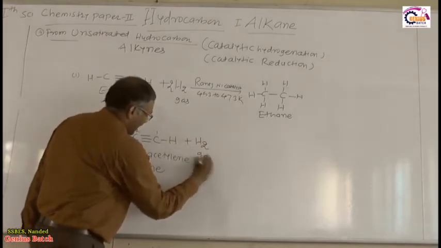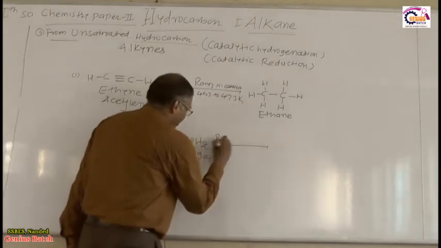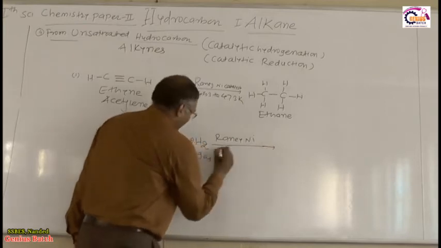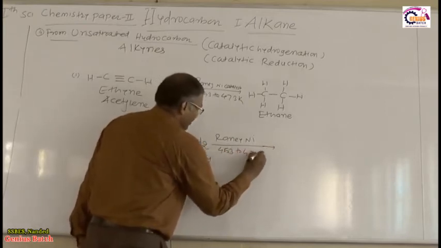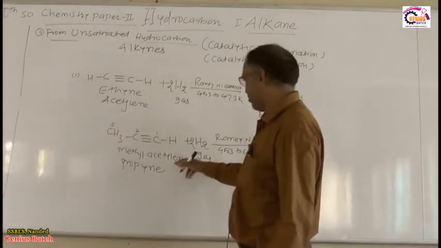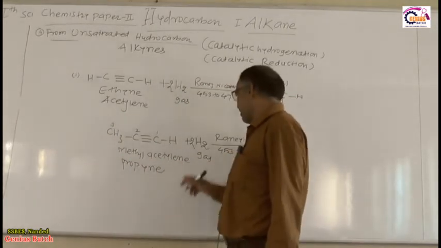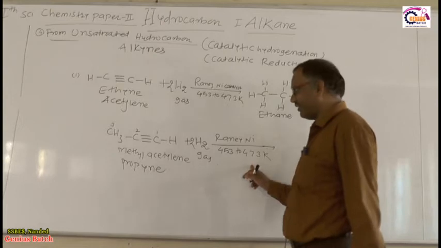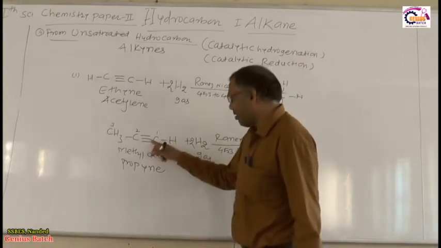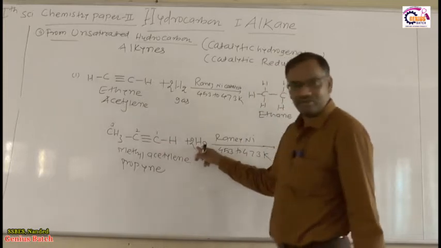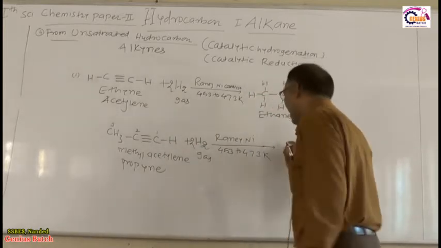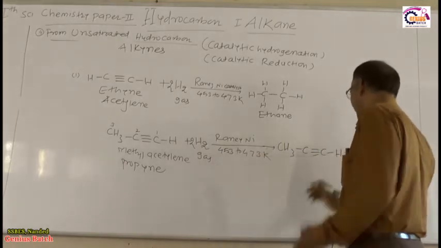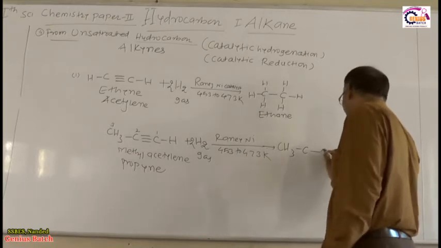Then hydrogen gas. How many hydrogen molecules are required? 2, with Raney nickel catalyst at 453 to 473 Kelvin. So this methyl acetylene or propyne is heated with hydrogen gas in the presence of a nickel catalyst at about 453 to 473 Kelvin. One bond requires one hydrogen molecule, another bond requires another hydrogen molecule. So 2 hydrogen molecules are required. What is the product? CH3 is as it is, carbon carbon bond is there, so one single bond is as it is.